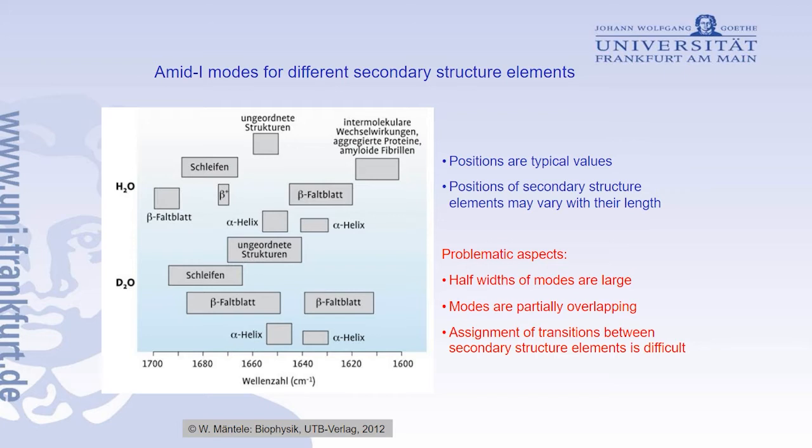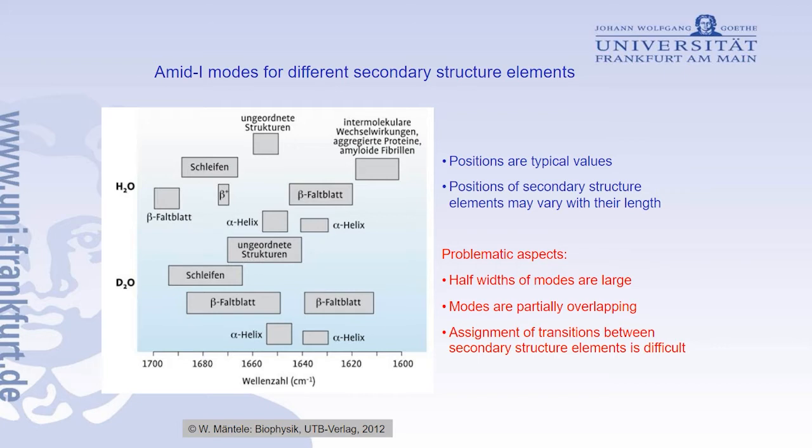You have regions where you have beta sheet absorbances, alpha helix absorbances, and you can see that these absorbances are slightly different in H2O and D2O. It's clear because there is a hydrogen or deuterium involved there, and that changes vibrational frequencies. So if you analyze that spectral range very carefully, you can actually get information on secondary structure.